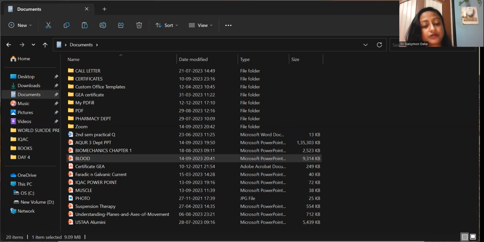Next, I have shown you an image of the stages of WBC, which is known as granulopoiesis, or you can say leukopoiesis also. So we have myeloblast, promyeloblast, promyelocyte, myelocyte, metamyelocyte, band form, and granulocyte.